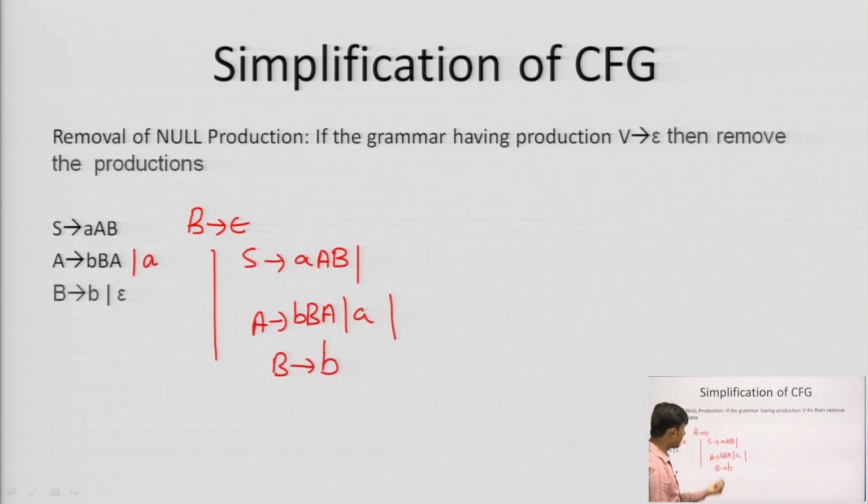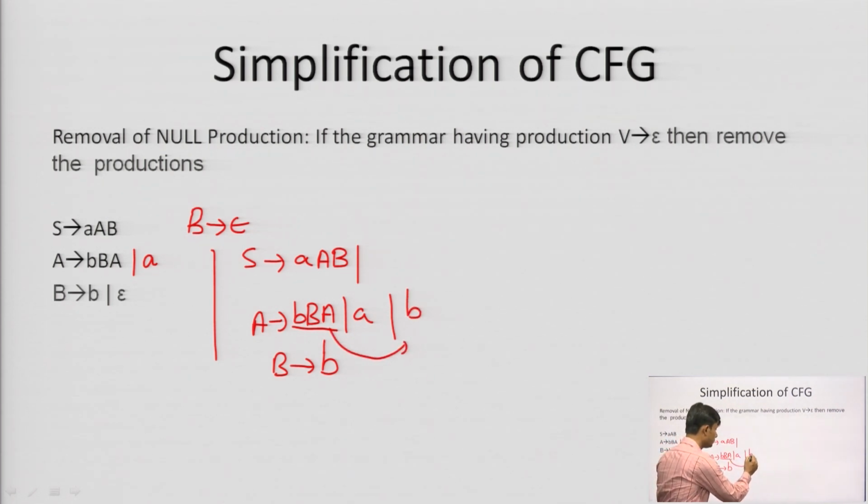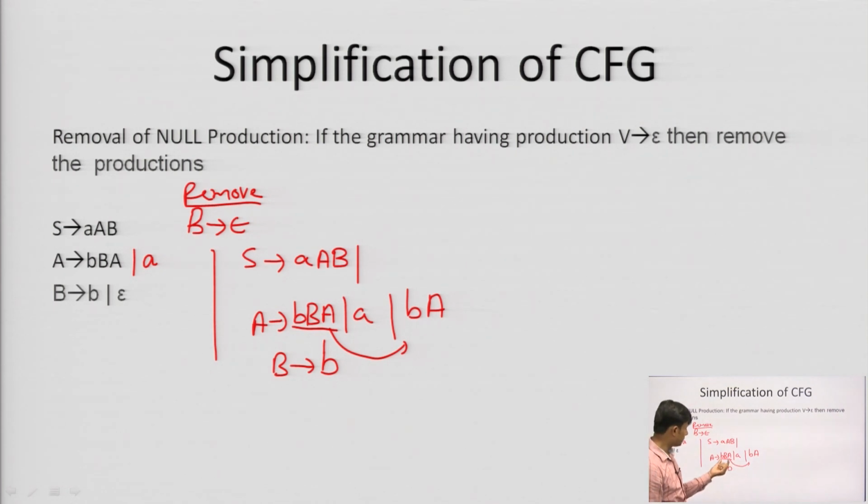If you apply epsilon here, then you will get A to B, because we already removed B to epsilon. So this one, when you remove epsilon, will be A to B. Similarly, you can go to S to AB, then you will find here this is A.